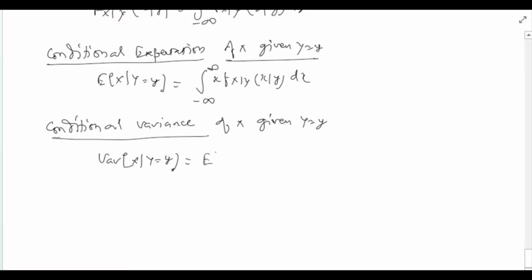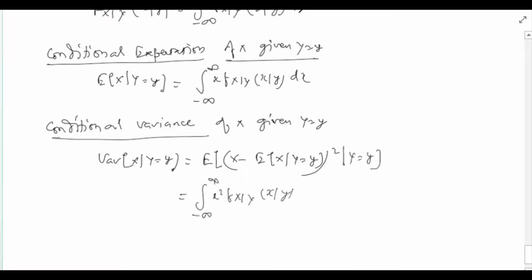So it is the expectation of x minus expected value of x given y equals small y, whole square, given that y equals small y. This turns out to be equal to the integral from minus infinity to infinity of x square f x given y, x given y, dx, minus the integral from minus infinity to infinity of x f x given y, x given y, dx, whole square.